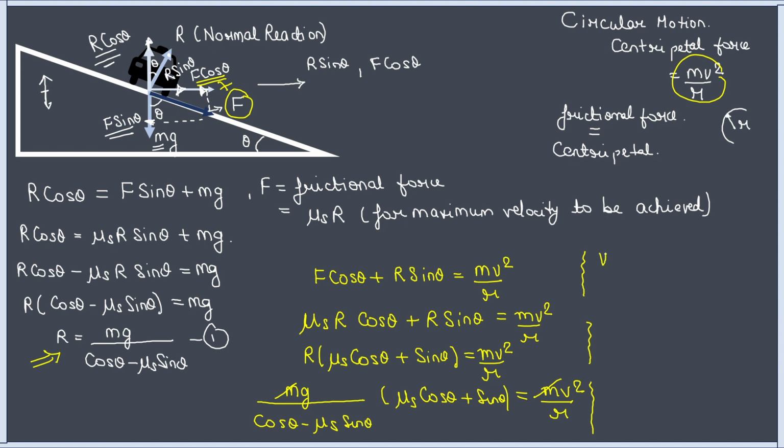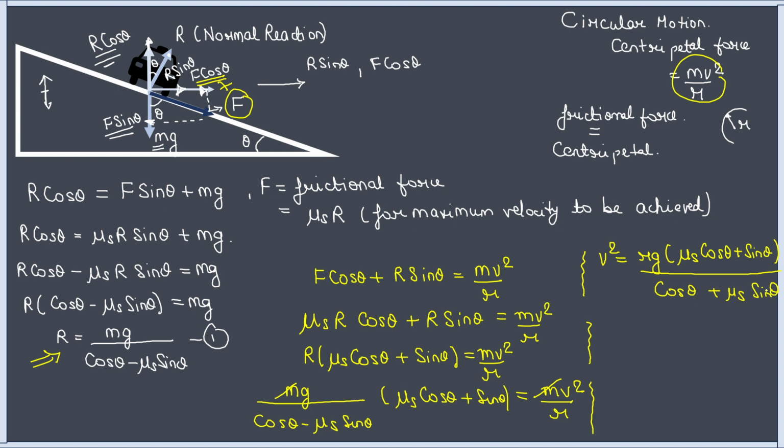So v square will be r g times mu s cos theta plus sin theta, divided by cos theta minus mu s sin theta. So this is the value of v square.